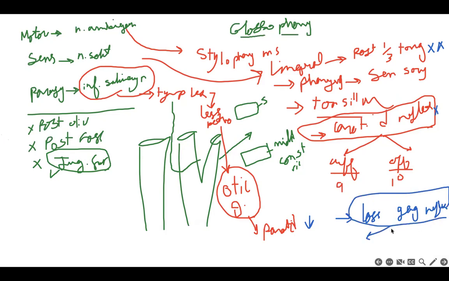The gag reflex is also formed by, what is meant by gag? Touching the back of the tongue with a tongue depressor. This reflex induces vomiting or an urge to vomit. Loss of this gag reflex means loss of this reflex. What is the formation of the reflex? By glossopharyngeal afferent and by vagus efferent. This is regarding the glossopharyngeal nerve.